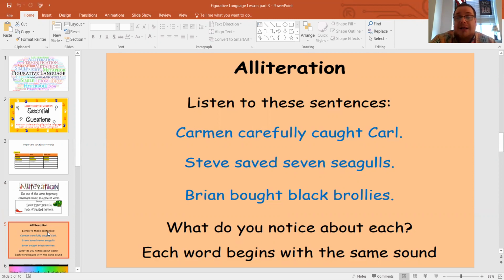Okay, and the example is continued on the last one. Brian bought black brollies. Now, a brolly is another word for an umbrella. Okay, so again, Brian, BR, black, BL, brollies, BR. So you can go back and forth using BR and just B or BL as long as the letter that remains constant is the first letter.